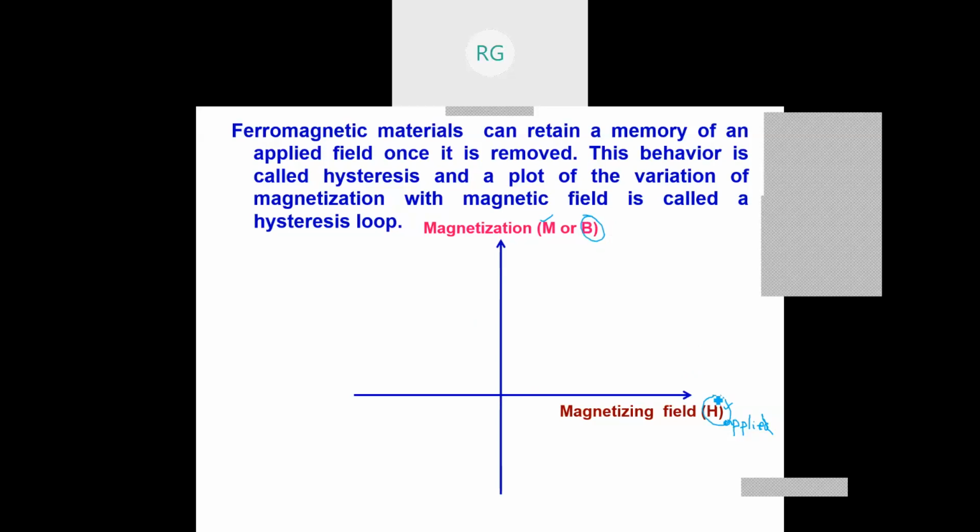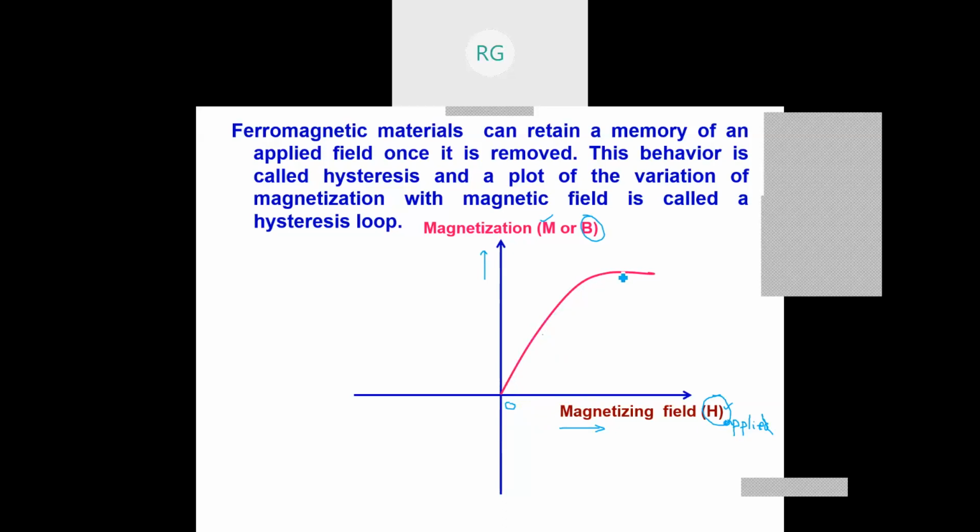And from this you can define another important topic called the hysteresis of a magnetic material. Now look at this. I start at 0, I slowly increase the magnetic field and I see how the magnetization in the sample increases. The curve goes like this: as H is increased, the magnetization also increases and becomes maximum.